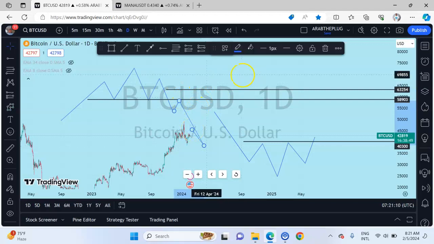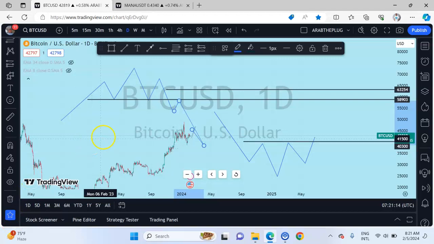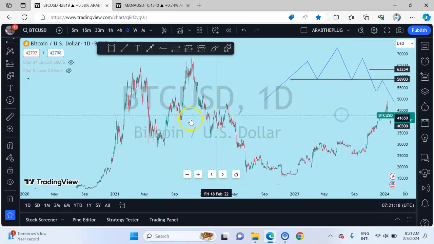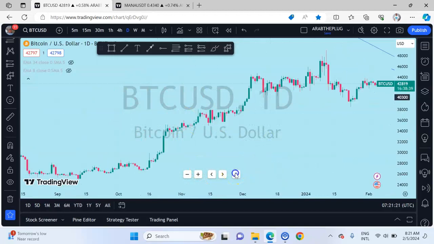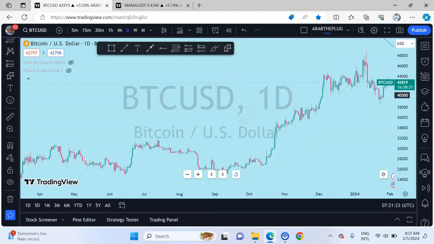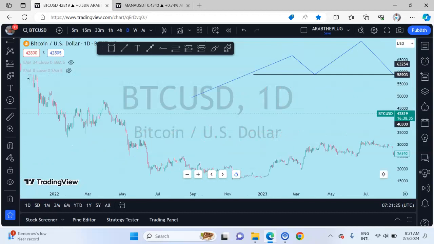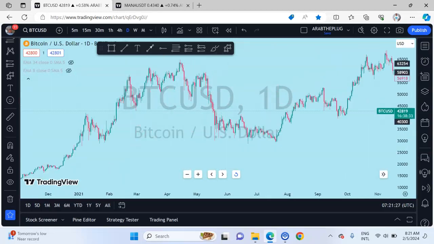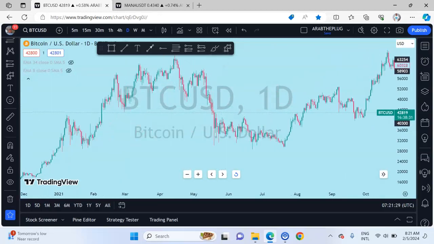So let's look at this BTC chart and look for where we could get a double, sorry, not double top, not double bottom, I mean head and shoulders and inverse head and shoulders. On BTC in 2021, we had something like a head and shoulders.